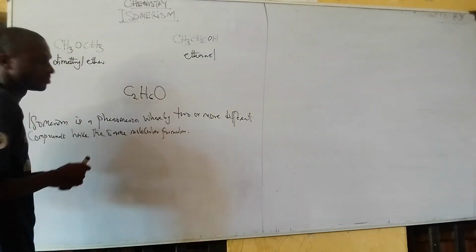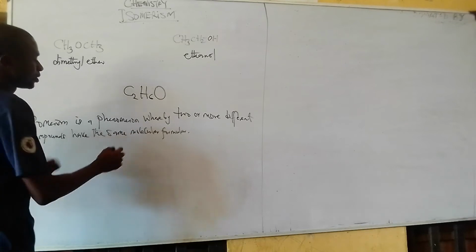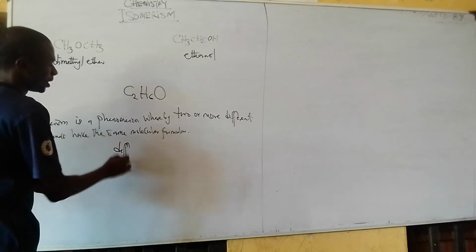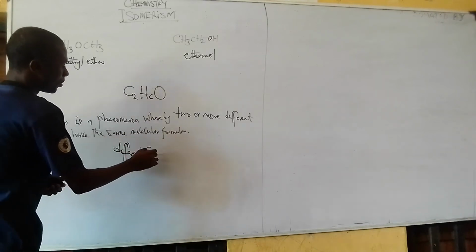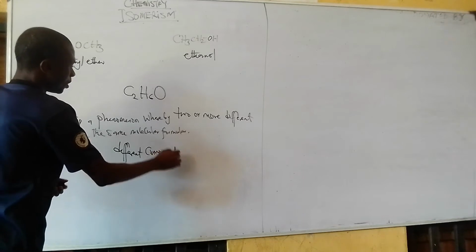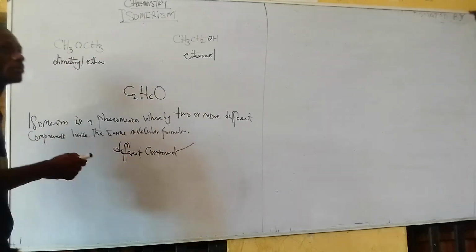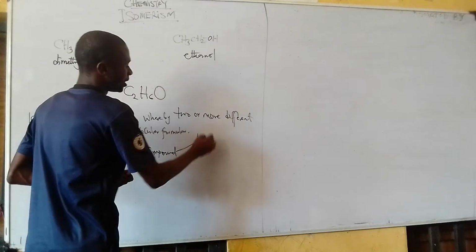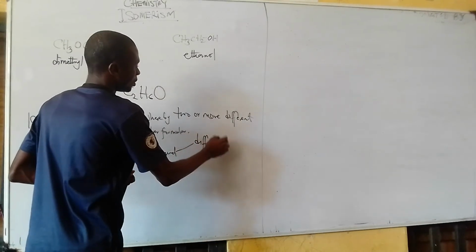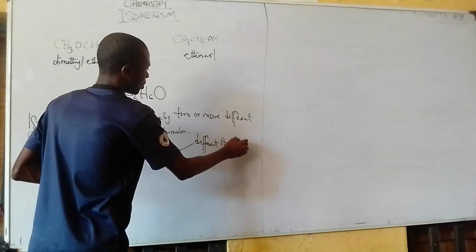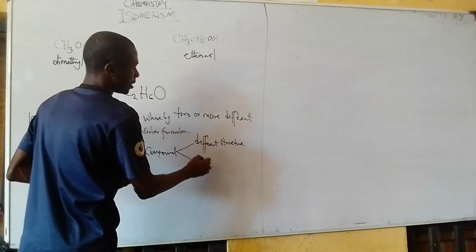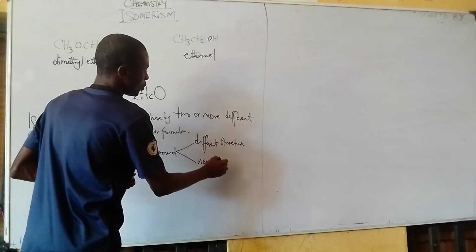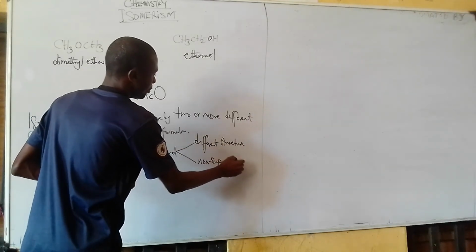Now, there are 2 types of different compounds: compounds with different structure and compounds that are non-superimposable.